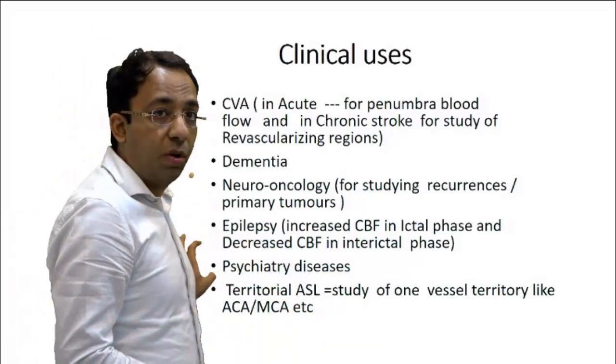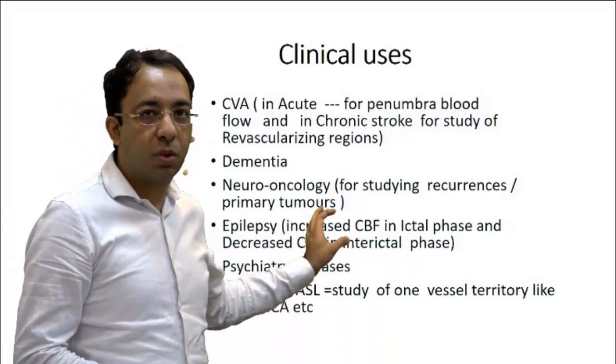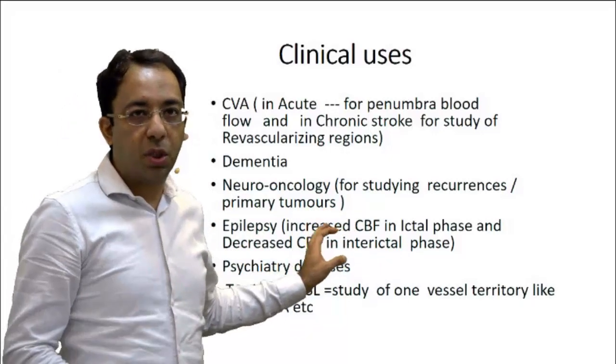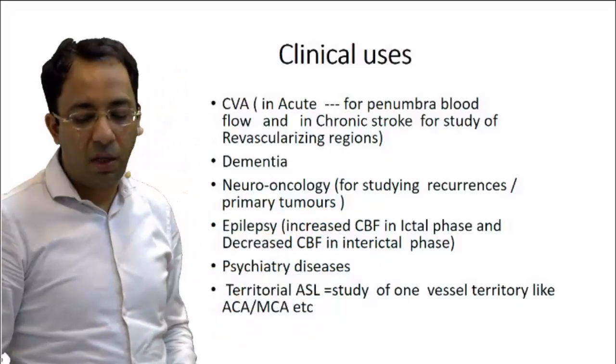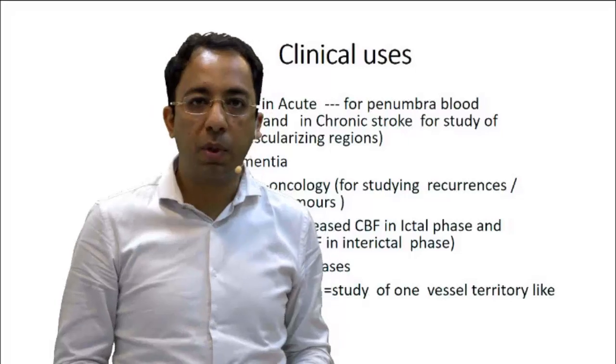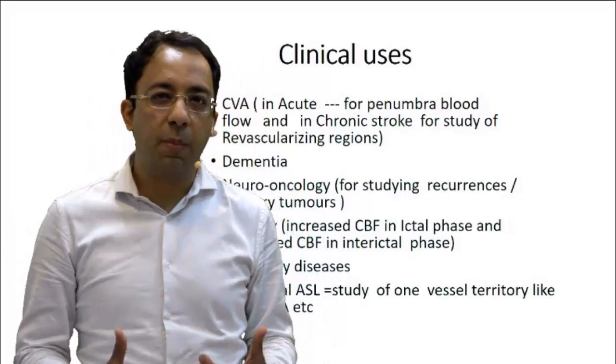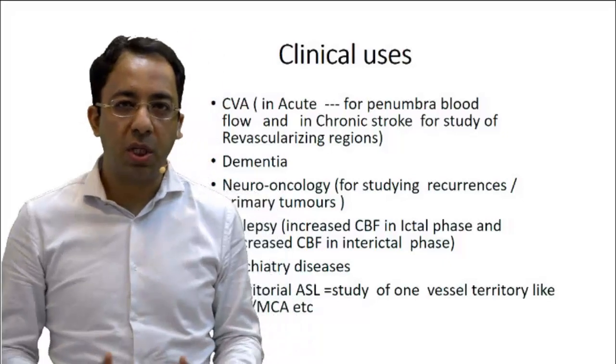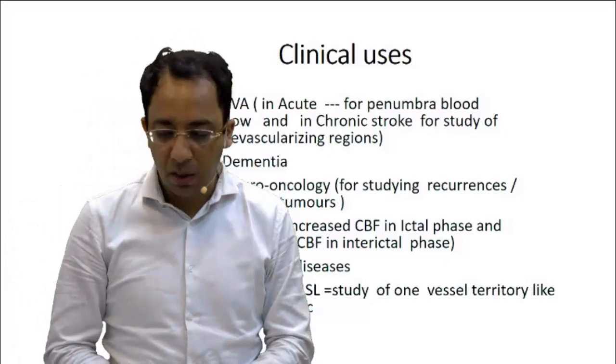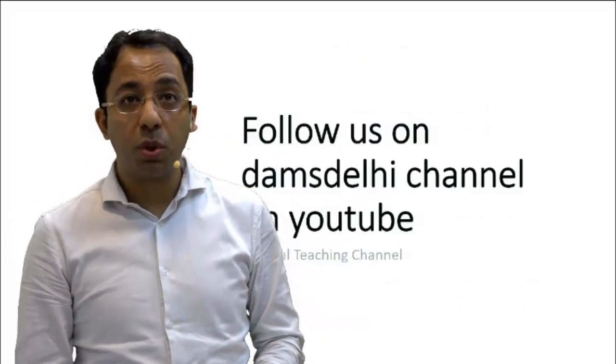There is a definite role in the localization of psychiatric diseases, and even a territorial ASL is possible, where you can study the vascular territory of one vessel by labeling one vessel at a time and finding out which area is being supplied by that vessel. So these are the possible clinical uses.